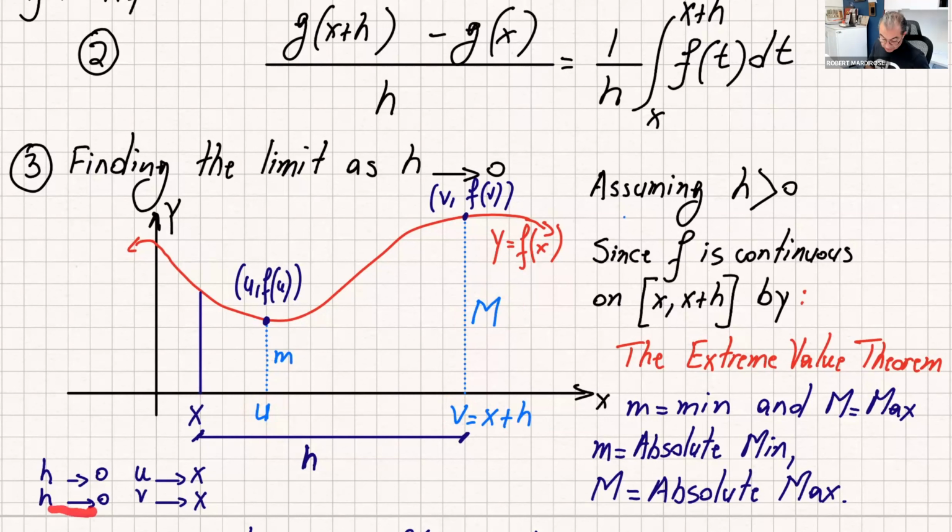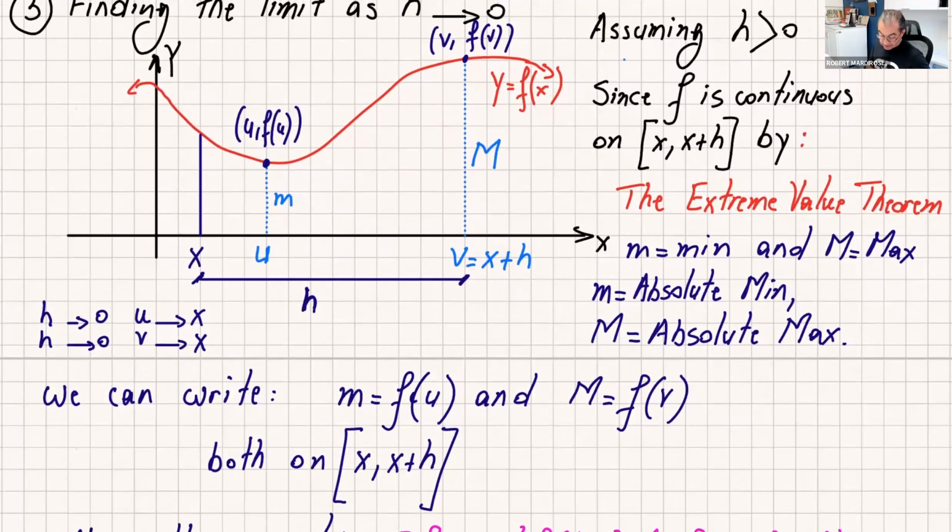And as h approaches 0, v also will approach x. Why did we do that? First, we can write little m as f of u, and big M as f of v. They're both on this interval.